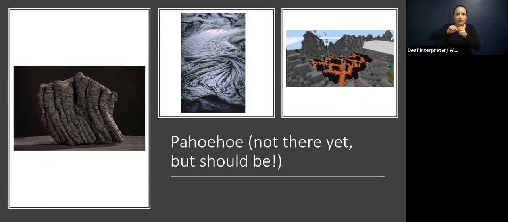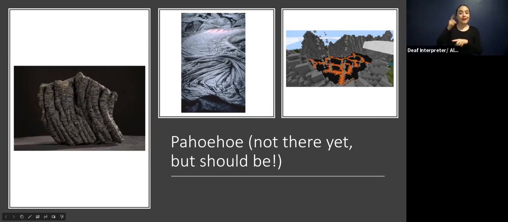You can see in the picture in the middle there that the outer part has cooled off because it's interacting with the atmosphere, and then the underneath part of it is still molten, so it's still pulling and forming these ropes or tubes. And yeah, so Pahoehoe, and then there's Aa, which are two types of lavas that form in Hawaii. And yes, I think those should definitely be in Minecraft.